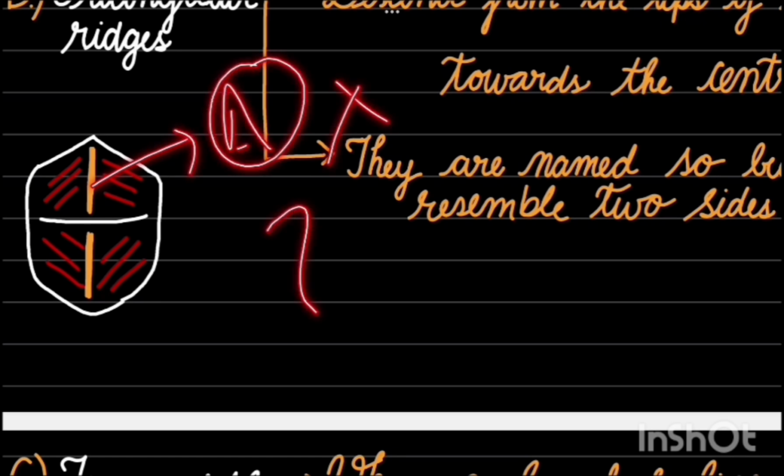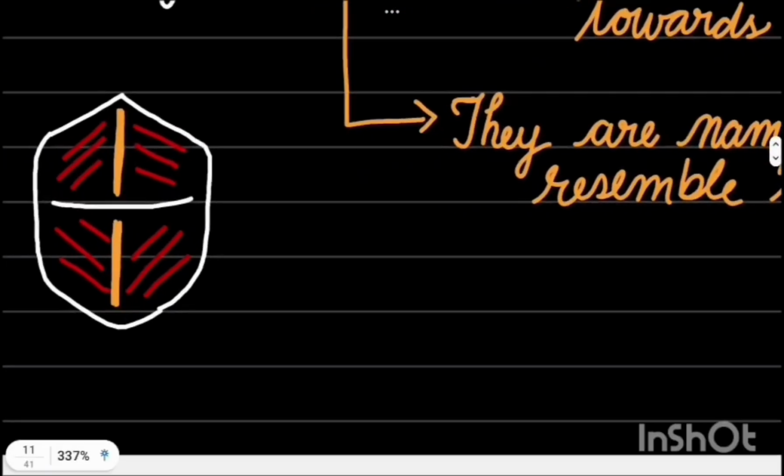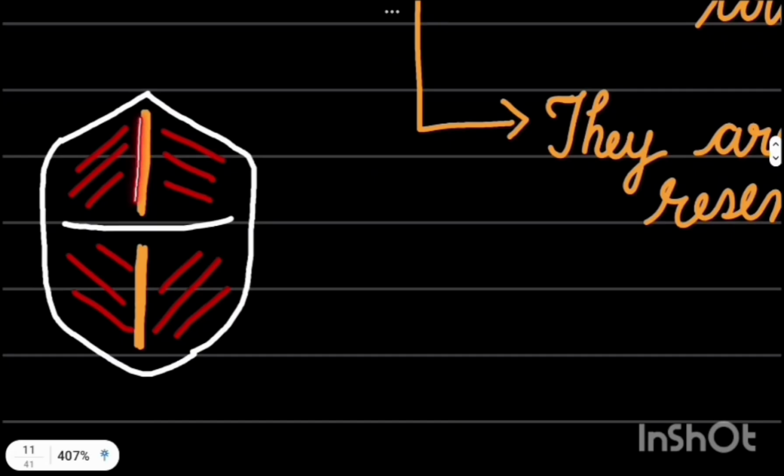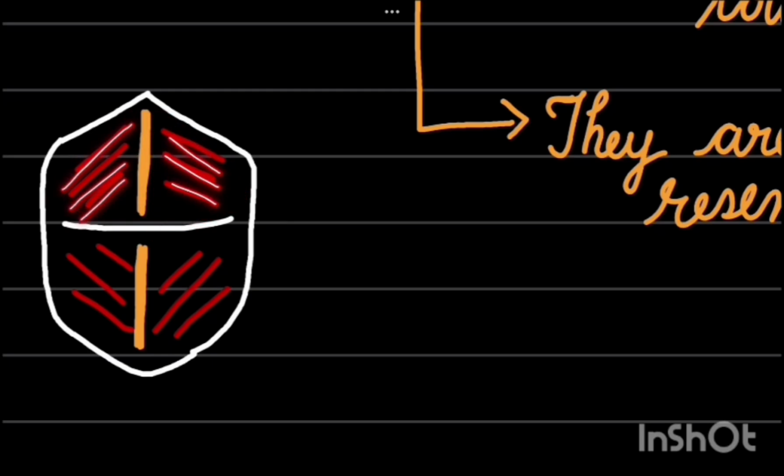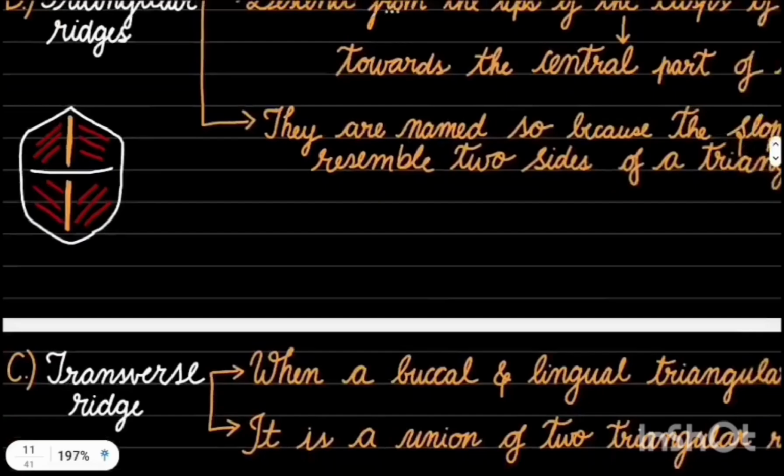So why is it named a triangular ridge? This is because the slopes of this ridge, here this slope and this slope, will resemble the sides of a triangle. So the slopes formed because of this ridge will resemble the sides of a triangle. Hence this ridge is called the triangular ridge.